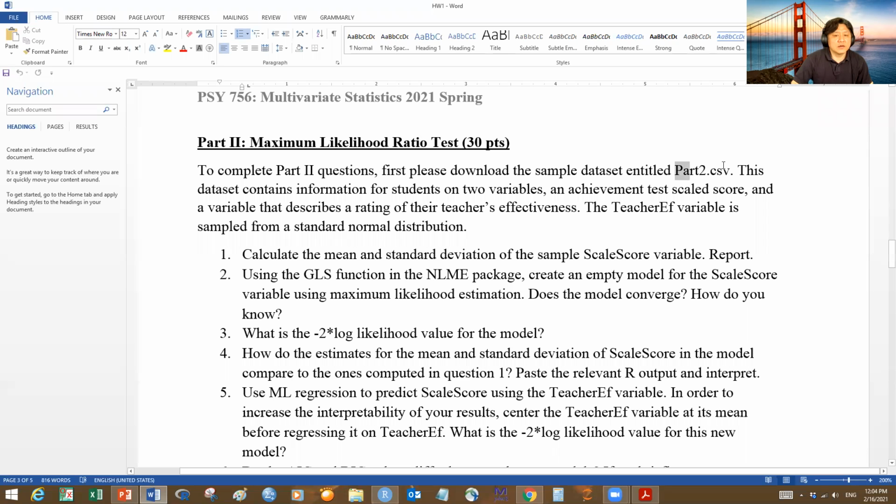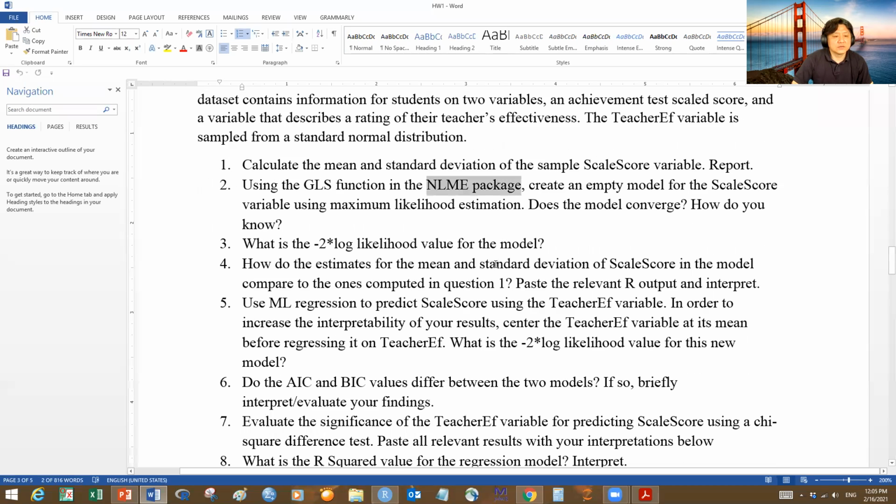You need to download this part2.csv file. There are two variables: teacher's effectiveness and achievement test score. You need to run a single linear regression analysis using the lme4 package.